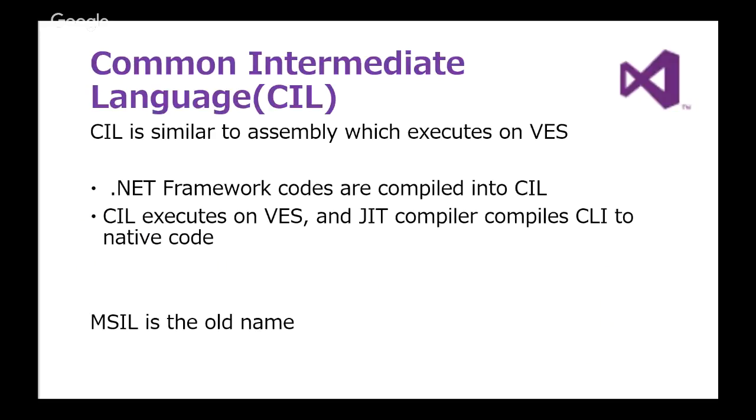Then the common intermediate language. So we already know .NET supports multiple languages like C# and F#. If C# is compiled into native machine code, what happens? I need to compile it targeting a specific processor, right? Because for a 32-bit processor, what's the name of the command set? x86.